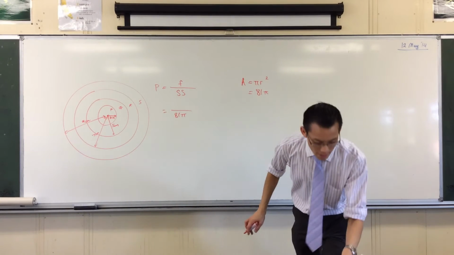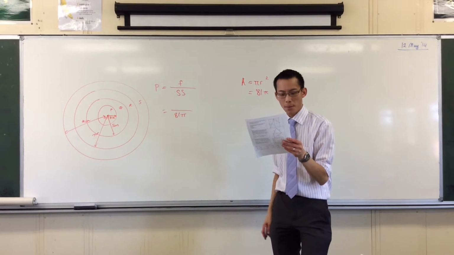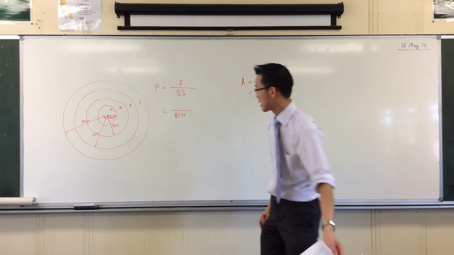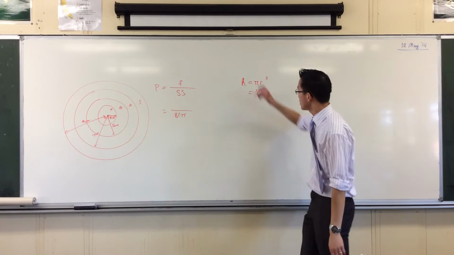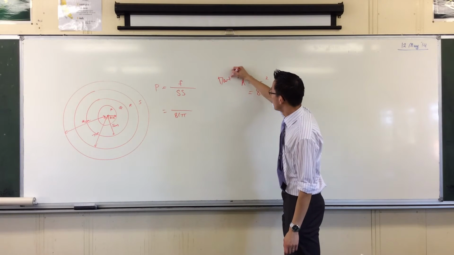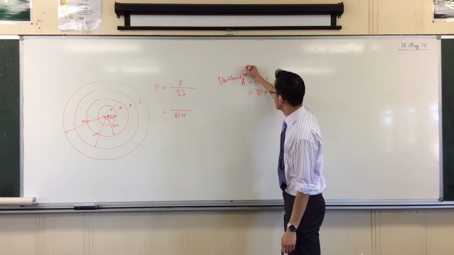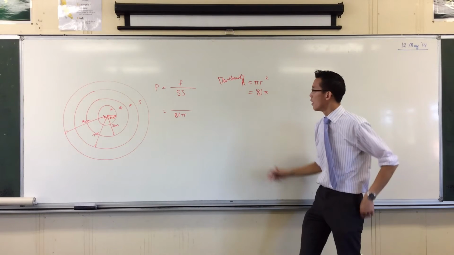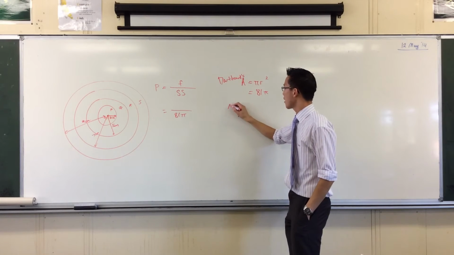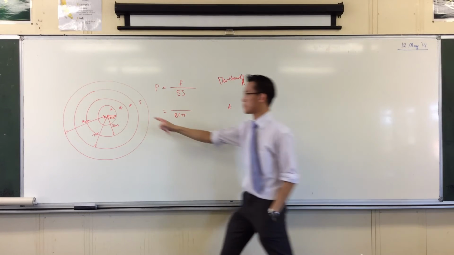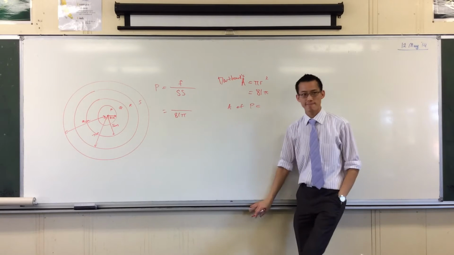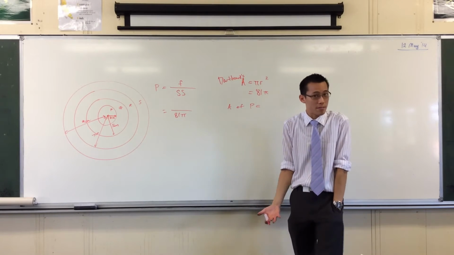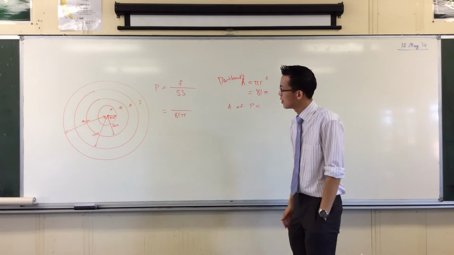Now I want the probability that it hits within area P. That's inside here. That's a little circle, right? So this is the dartboard area. What's the area of this part in here, area of P? It's going to be pi r squared again, except it's a different radius.